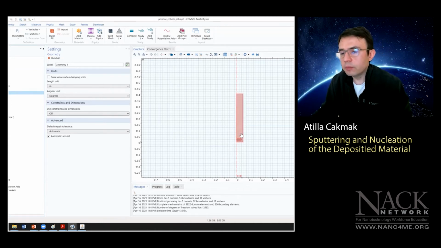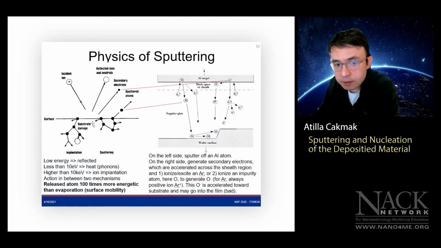So both things are happening at the same time. So there might be a sweet spot between these two positions where we can have a good plasma ignition.